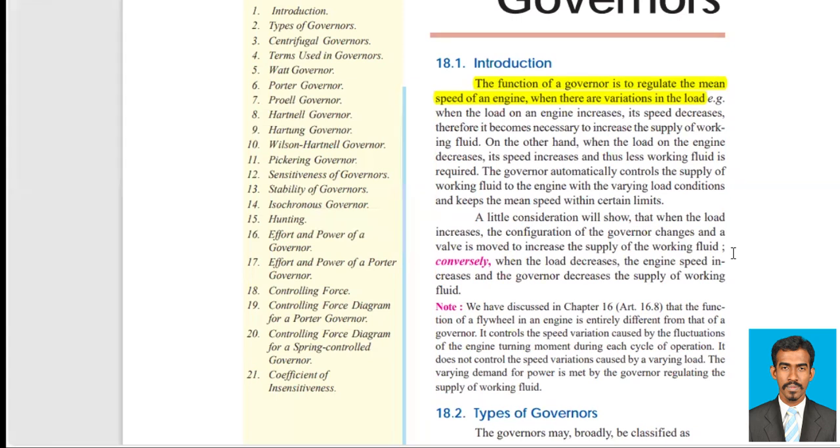I will show it in the diagram. Conversely, when the load decreases, the engine speed increases and the governor decreases the supply of working fluid. So by controlling the working fluid, it controls the speed.